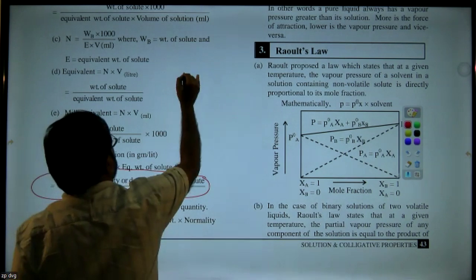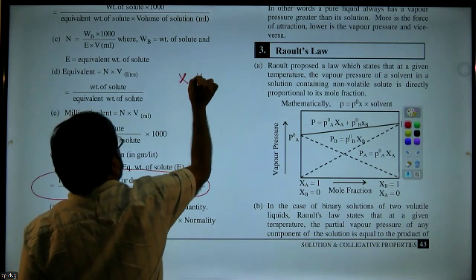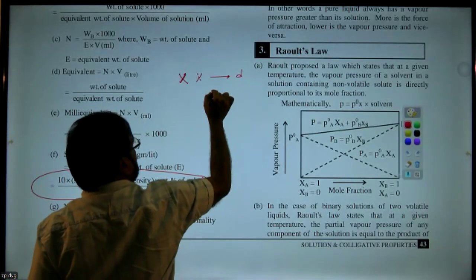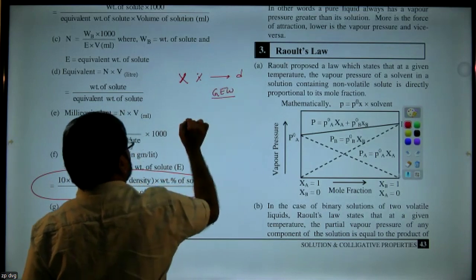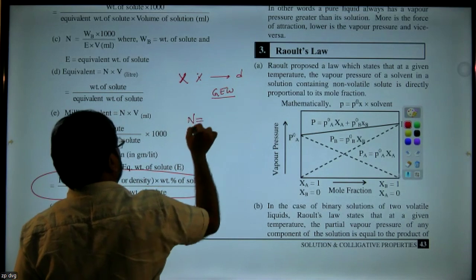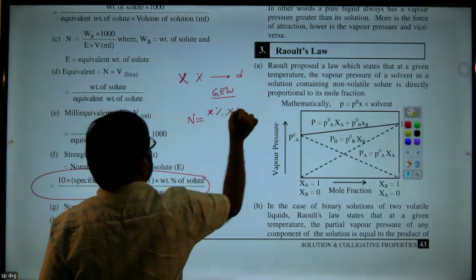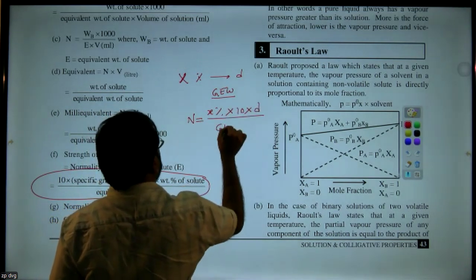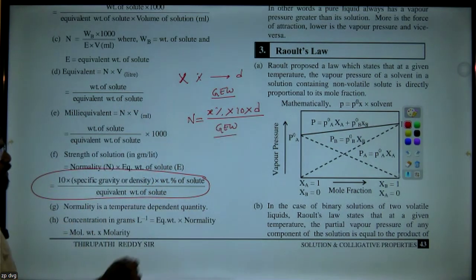So for example, they give X percentage and the density, and some substance. If we know the gram equivalent weight of that substance, we can calculate normality. Normality is equal to X percentage into 10 into density divided by gram equivalent weight.